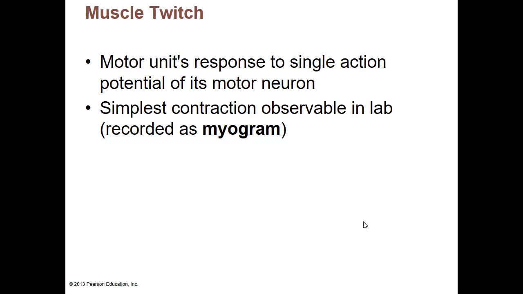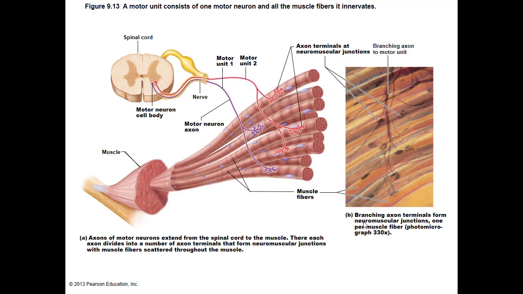The thing is, one motor unit in your arm controlling just those few fibers that it controls, 2, 3, or more, is not enough to visually see a muscle move. Just stimulating those few muscle fibers is not enough to make the entire muscle move.